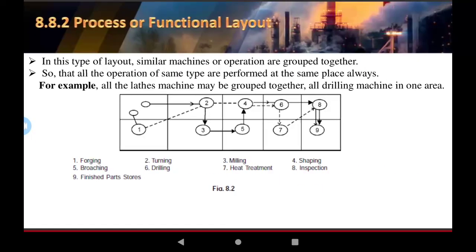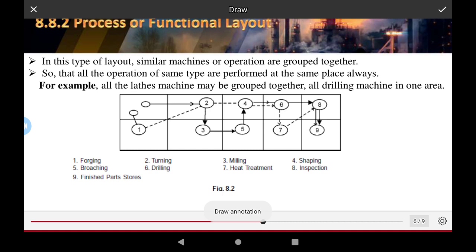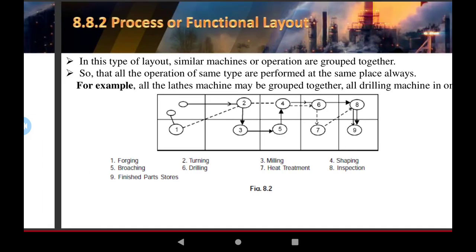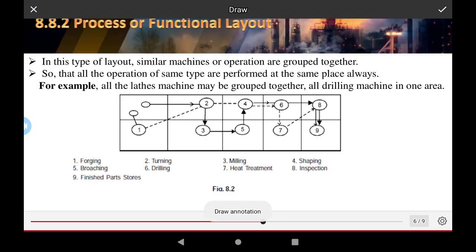Now the process or functional layout. In this type of layout, similar machine operations are grouped together, so that all the operations of some type are performed at the same place. For example, all the lathe machines may be grouped together, and all the drilling machines in one area.